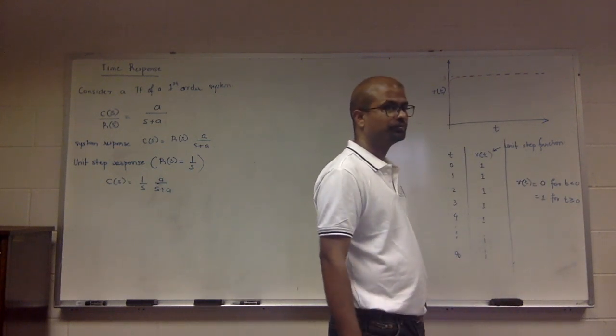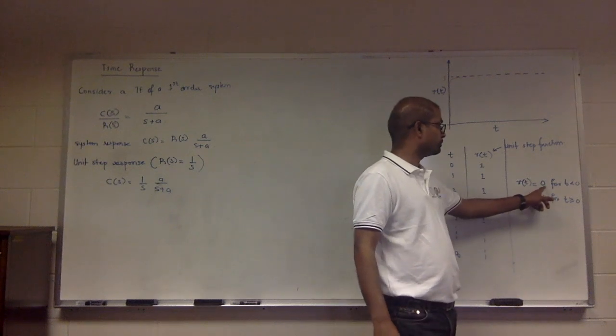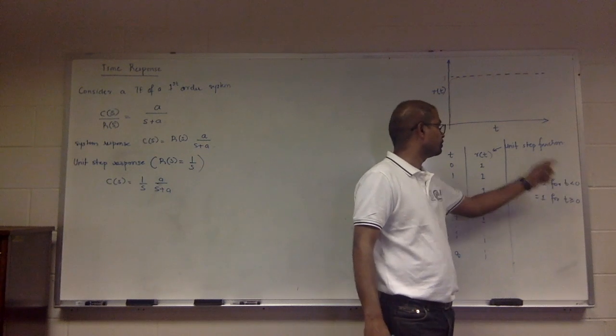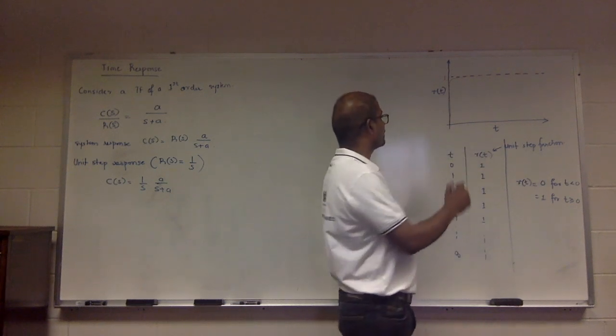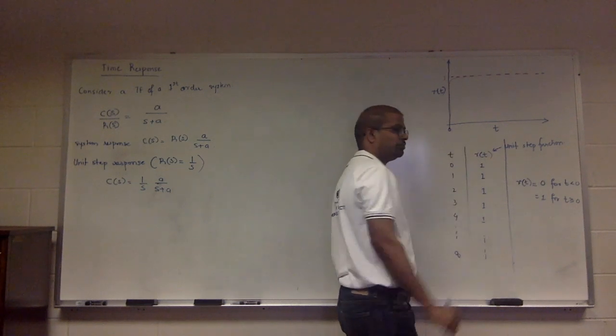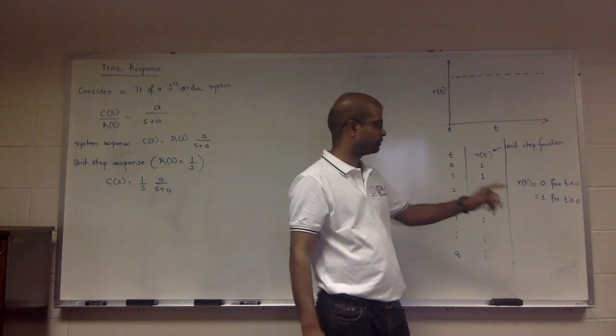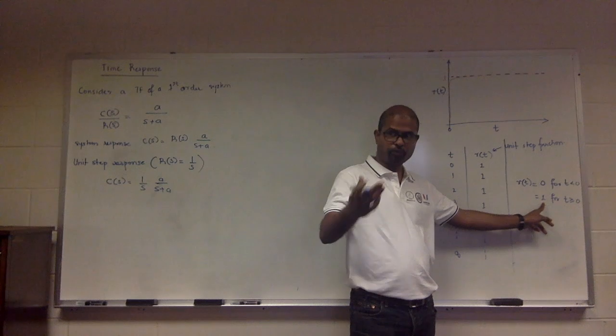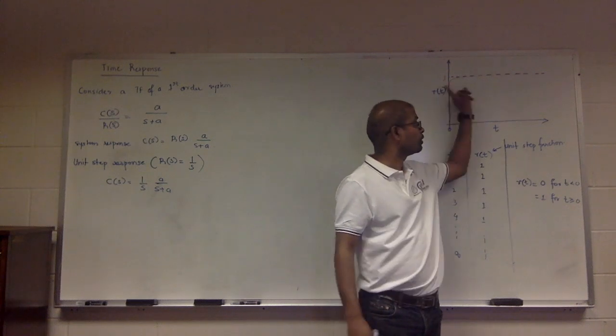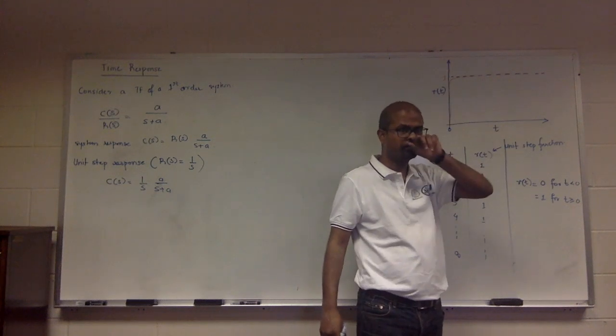You understand? For time less than 0, it is 0. You don't see less than 0 here, right? Time is starting at 0. For anything greater than or equal to 0, positive time, it is 1. You see all 1. You get it?